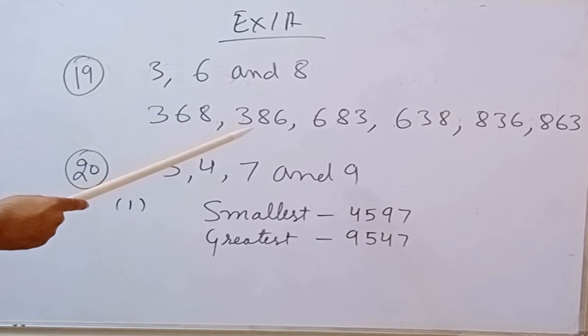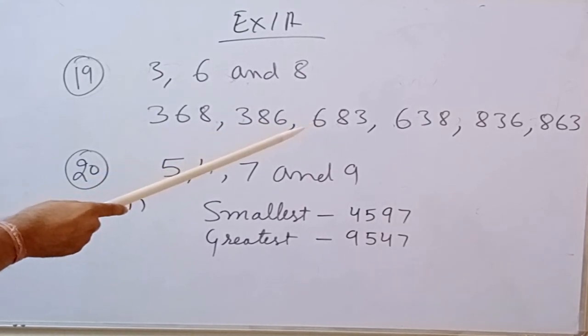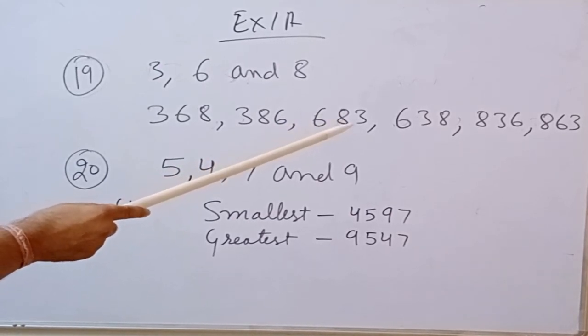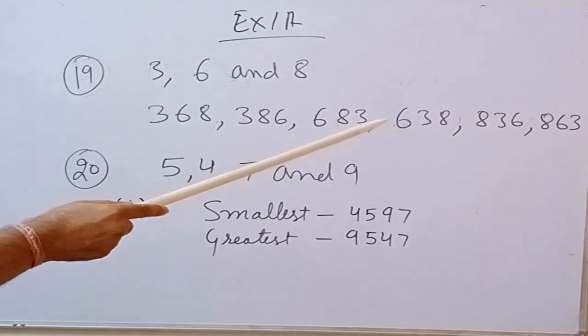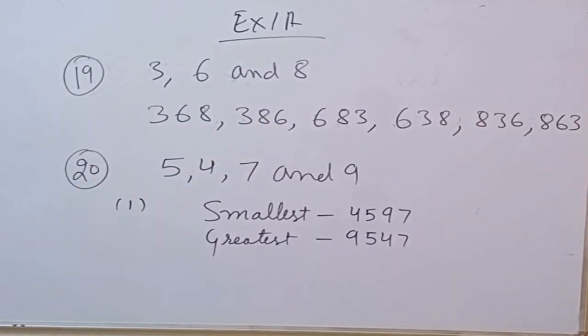Now again we take 6 at first place, so 683, and reversing 83 gives 638. Now we take 8 at first place, so 836, and reversing 36 gives 863. So these are the numbers we can form using the digits 3, 6, 8. That is our answer.